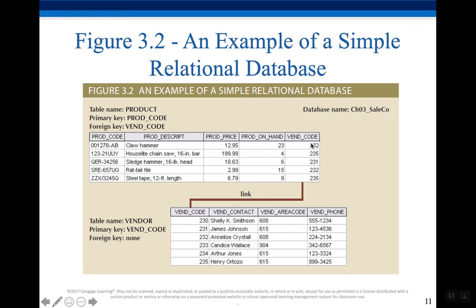So if you did a lookup and said, give me all the products and the vendor contact information for everybody with vendor code 232, what you would get is basically a list of these products as well as the contact and the phone number for Annalise Cristal. We'll be looking at this more in depth. It's just going to give you a first view of a simple relational database.